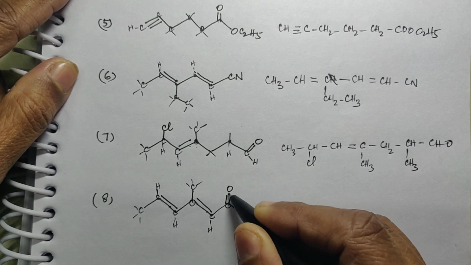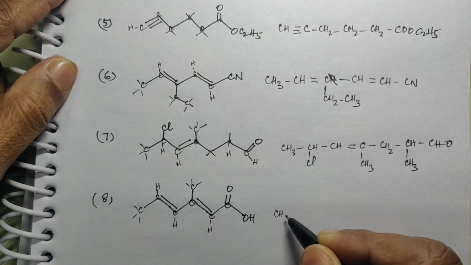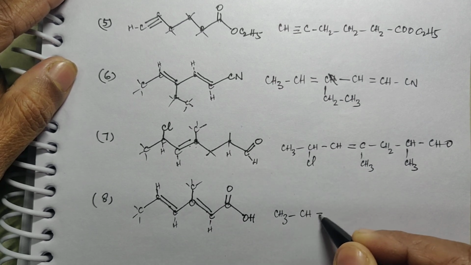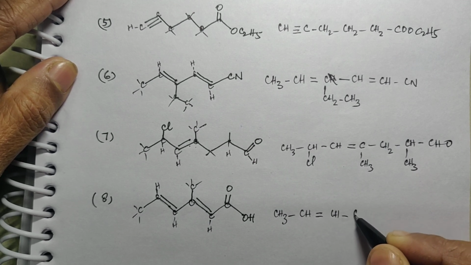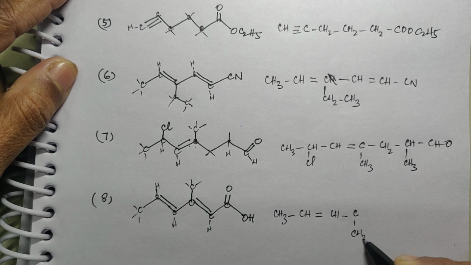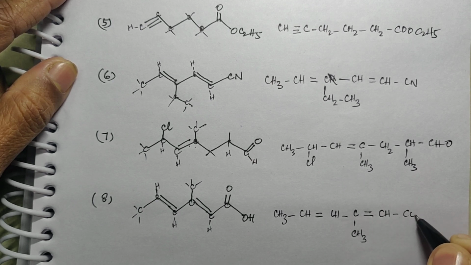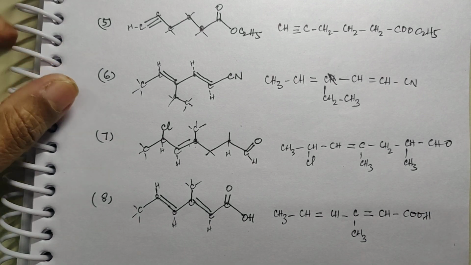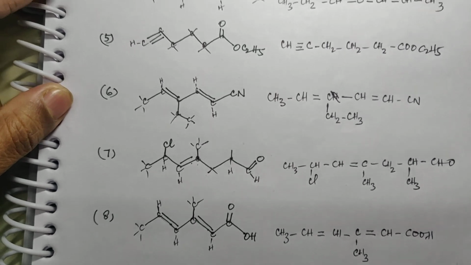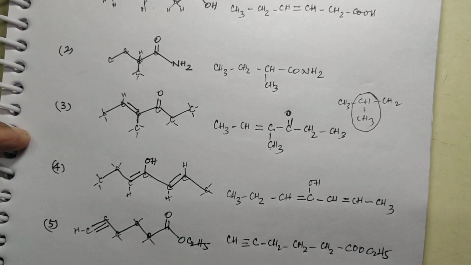This is C double bond OH, that is acid group. So this will be CH3, CH, double bond CH. Then you have C, CH3, double bond CH, COOH. Okay, so these are all called as bond line formulae, and for these structures you try writing the names yourself.